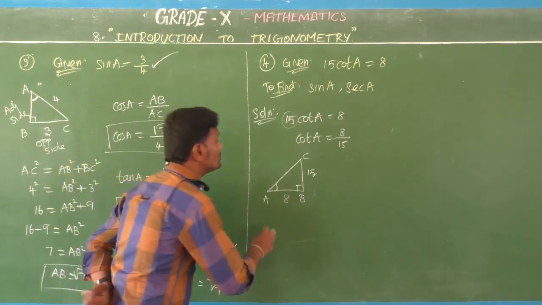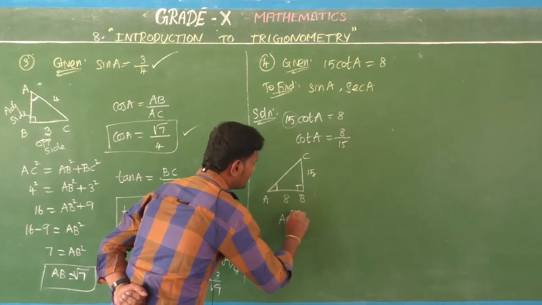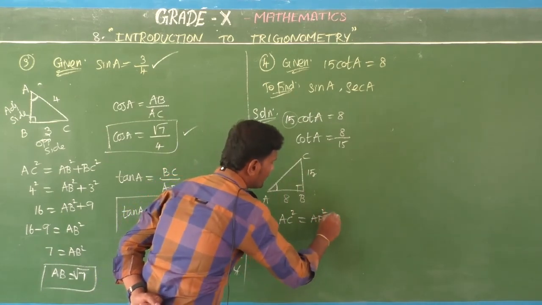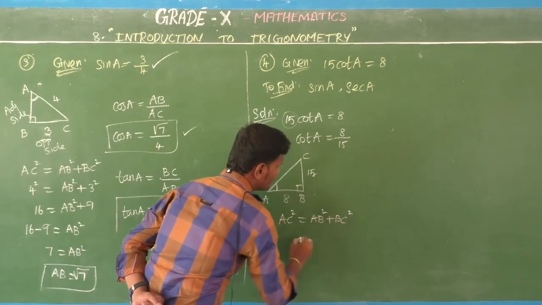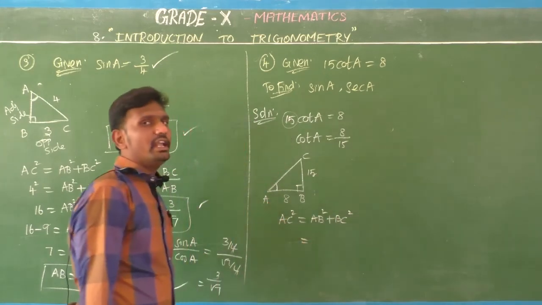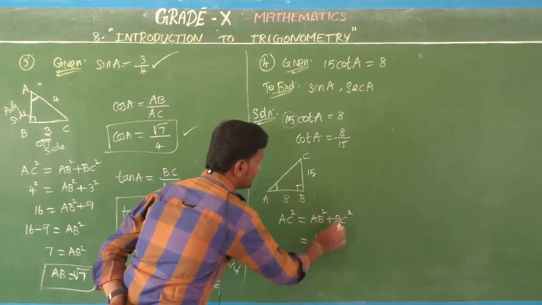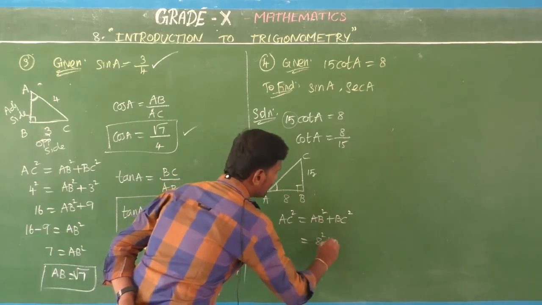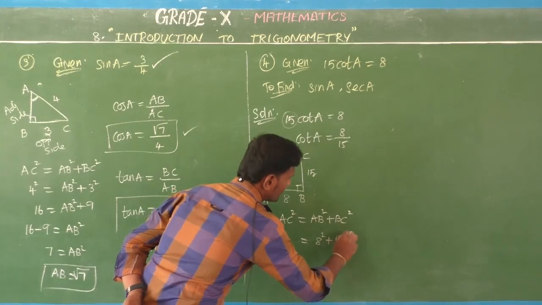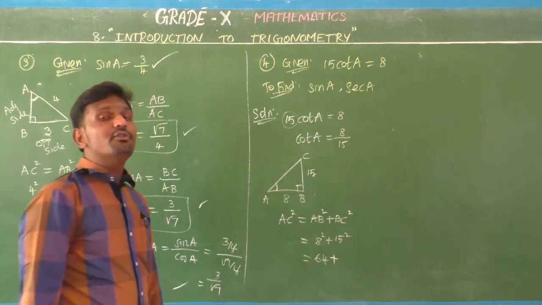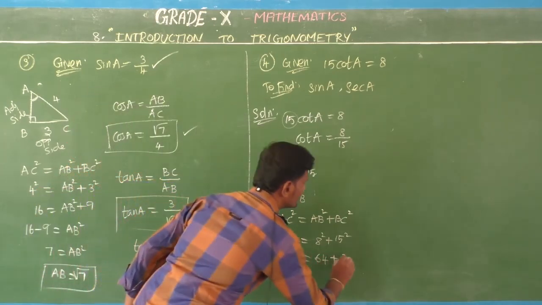Now using the Pythagoras theorem to find the remaining side. AC square is equal to AB square plus BC square. AB is 8, so 8 square plus BC 15 square. 8 eights are 64, plus 15 square is 225.